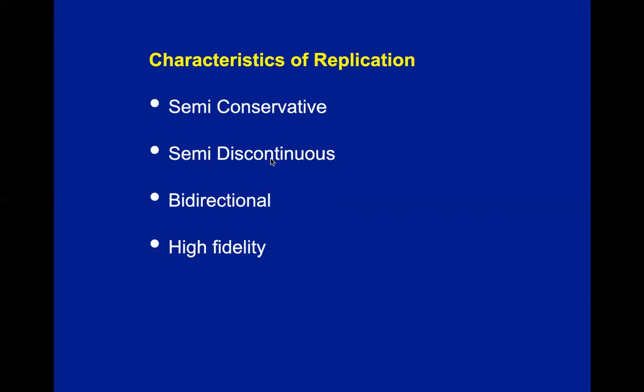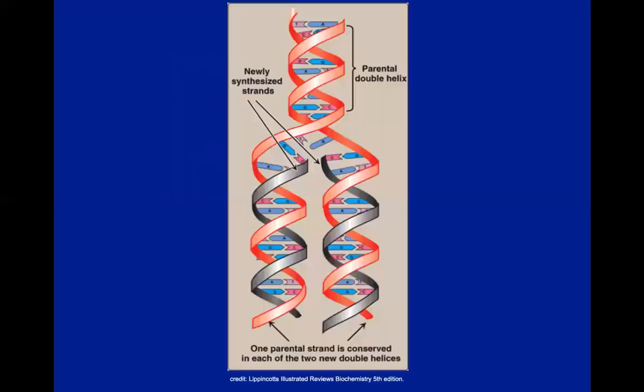It is also bidirectional: replication occurs in both directions. And high fidelity: it is highly accurate because of the proofreading property of DNA polymerases. So these are the four characteristics of replication: semi-conservative, semi-discontinuous, bidirectional, and high fidelity.